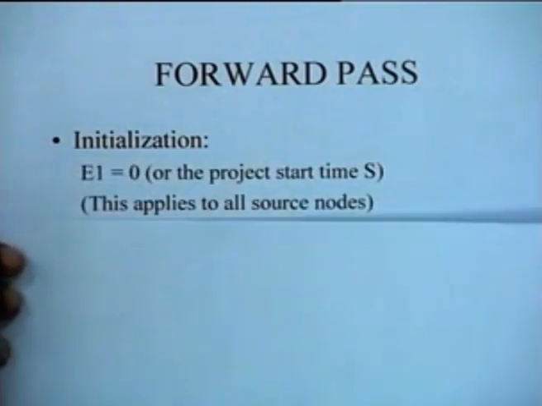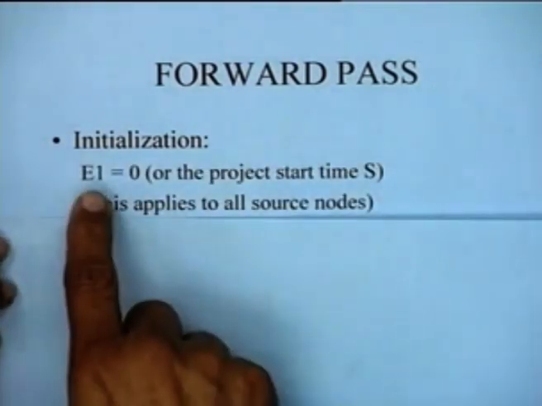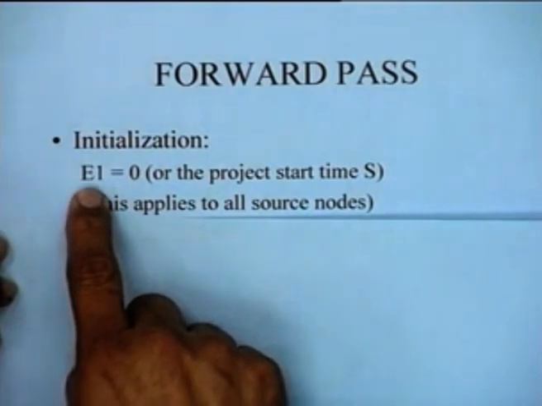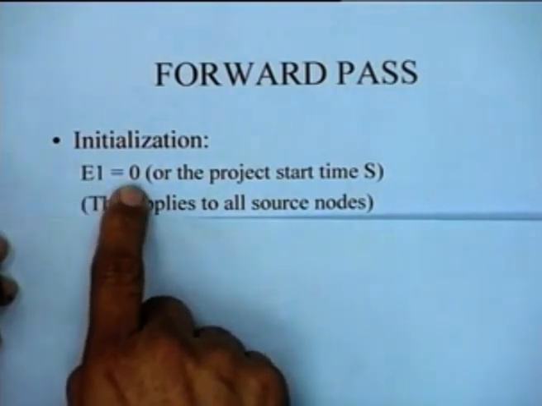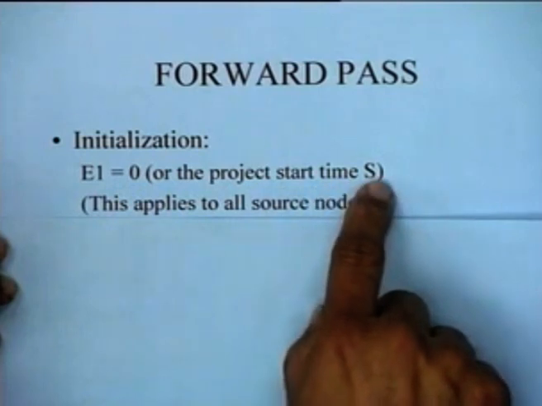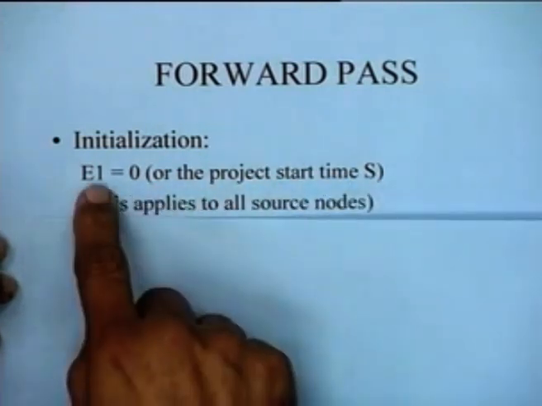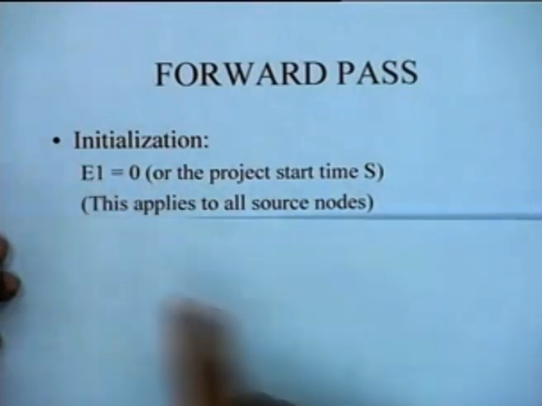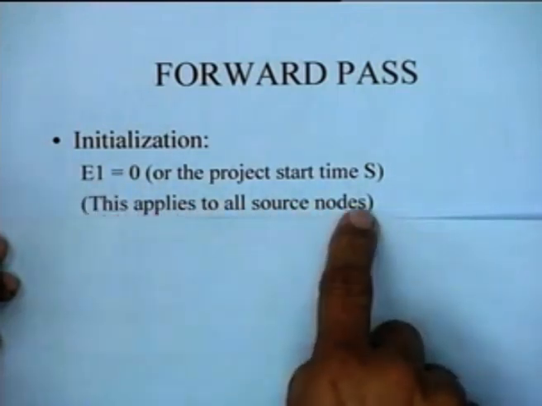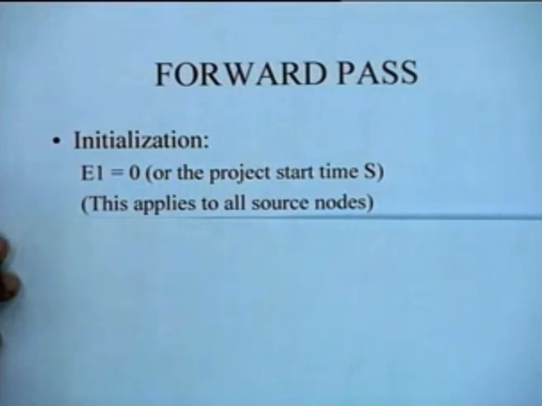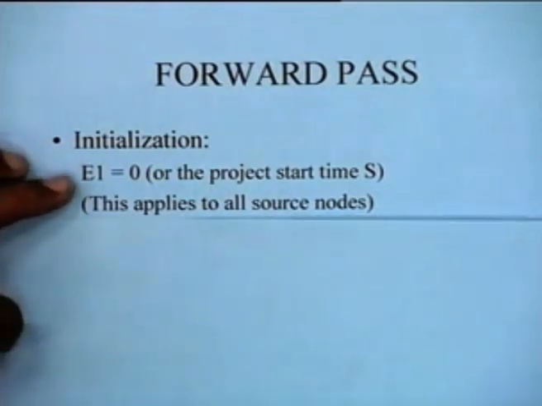The initialization step simply says that the earliest occurrence time of the first node is equal to 0, or it is equal to the project start time s. This applies to all the source nodes. So, if there are many source nodes in a project network, they would all have an earliest occurrence time of the initial event equal to 0.